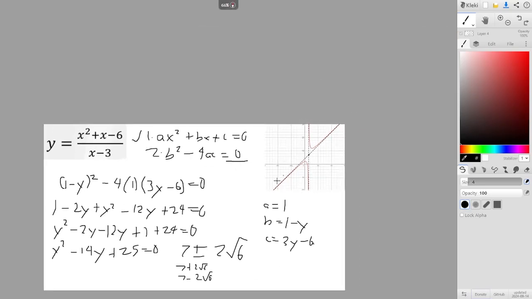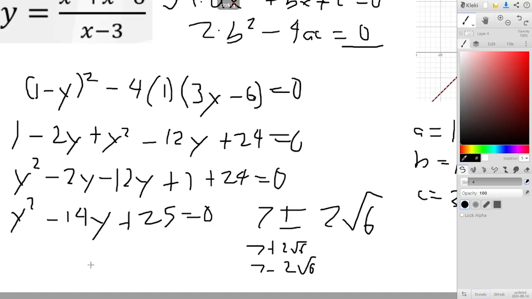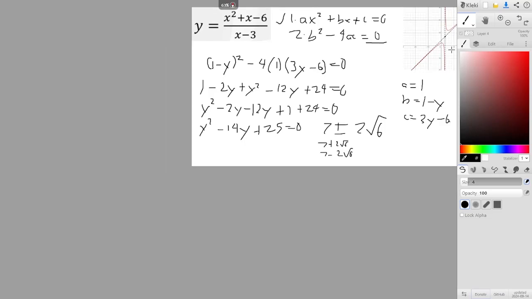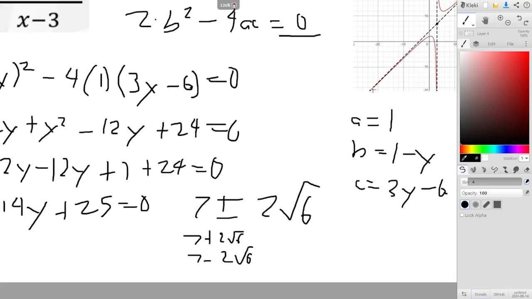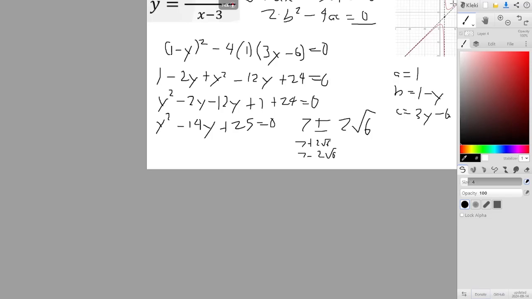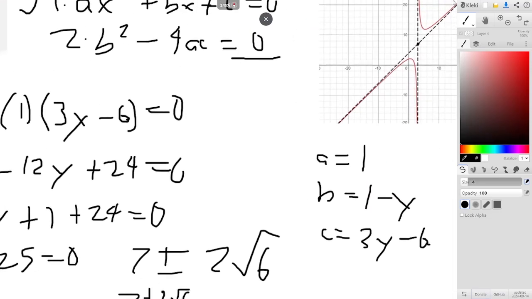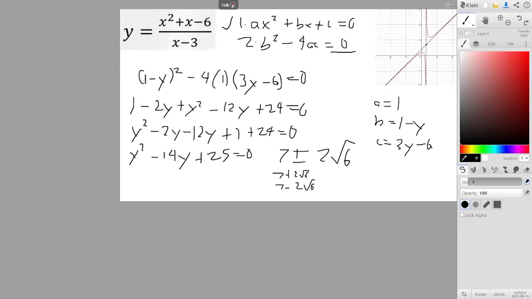Anyhow, we can finally write the range of this function. So obviously notice here that the function does extend towards negative infinity and also extends towards positive infinity.